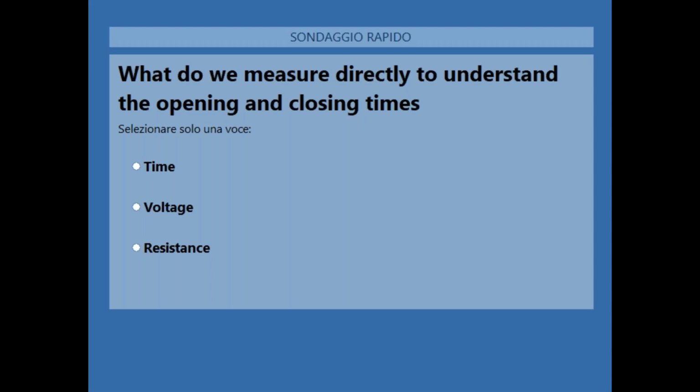What we mean by this question is: what is the direct value we measure in order to understand time? What do we first measure to understand the opening and the closing time? In the end we do get time, but before that, we measure something else. We have 62% of people voted.